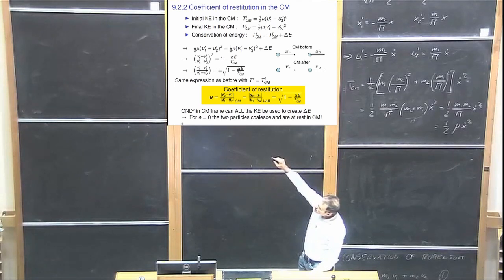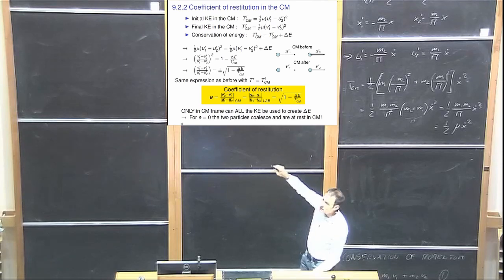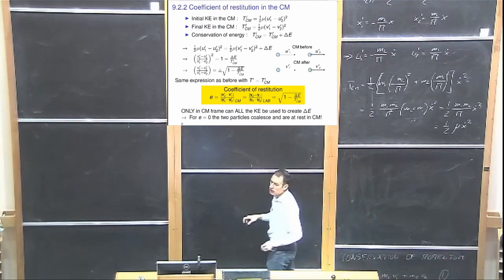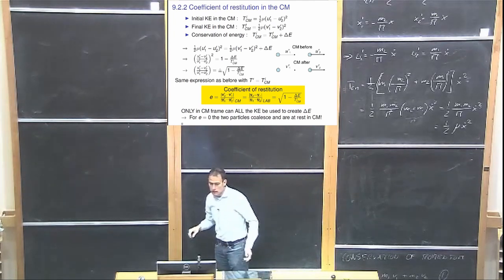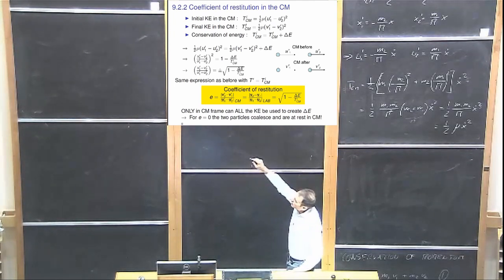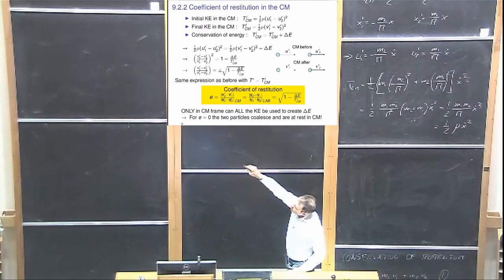Kinetic energy in the center of mass frame before the collision, you can write down like that. Final kinetic energy in the center of mass frame is this, and conservation of energy demands that the initial is the final kinetic energy plus whatever energy has been lost. If you plug this into this formula, you end up with this. This is T initial, this is T final plus delta E.